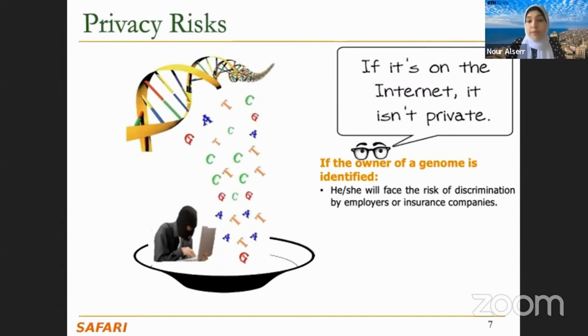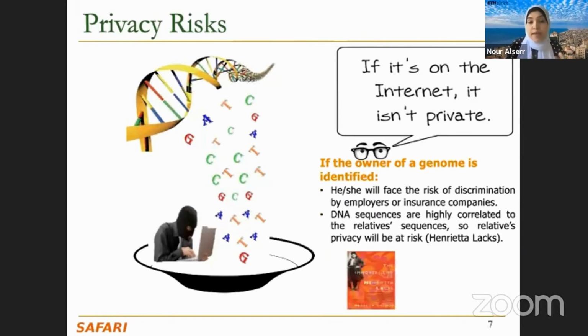So here we are talking about this information as financially valuable, all right? And also, as we know, DNA sequences are highly correlated, right? So if the genetic record of an individual is leaked, it's leaked for good. It's not like a mobile password, where if it is released you can change it.